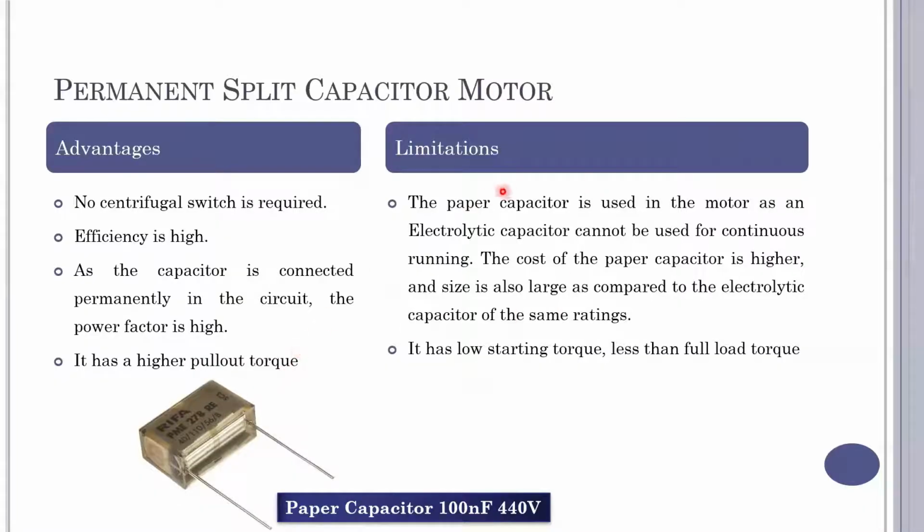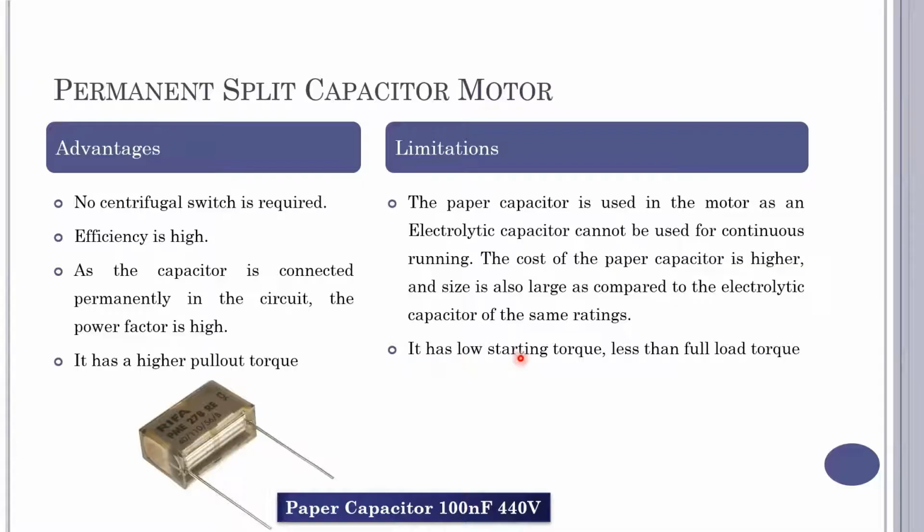The most common type of capacitor used here is the paper type capacitor, and electrolytic capacitors cannot be used here because we are going to run this motor continuously along with the capacitor, and hence we don't go for an electrolytic capacitor. But the cost of the paper capacitor is higher, and the size is also large when compared to electrolytic capacitors of the same rating, and that's again one disadvantage.